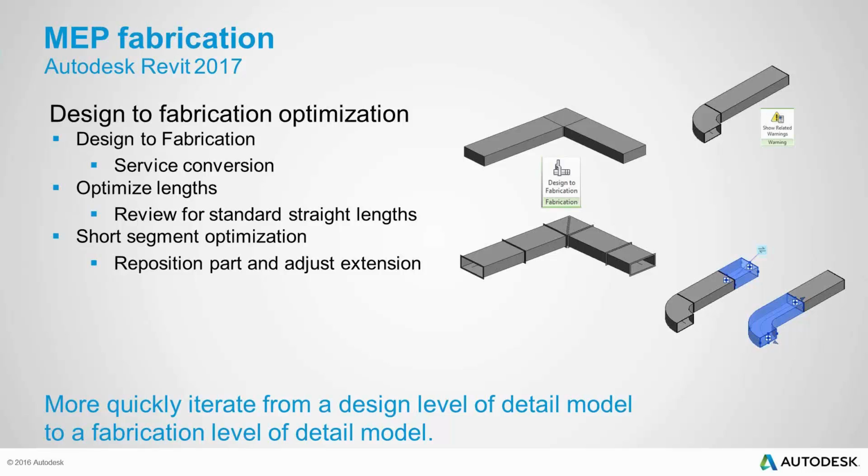And once that happens, you can then make changes to the rest of your model to deal with shorter segments, and whether you want to extend fittings such as elbows and T's to consume the remaining short segments, or just adjust their location. So while we automatically create things for you, you can also make changes to your model so that you can actually get the exact model that you need.